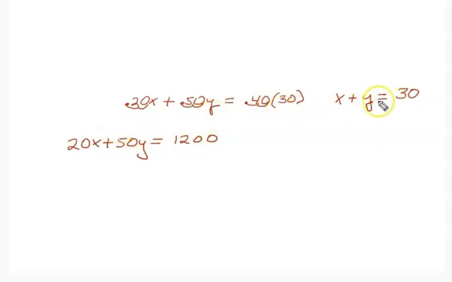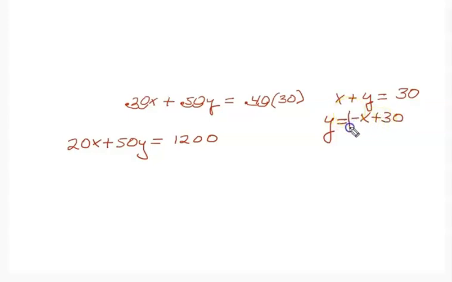And again, you could use a couple of systems. Let's do this one by substitution. Let's solve for y here. Y is going to equal, when we transpose the x, a negative x plus 30.